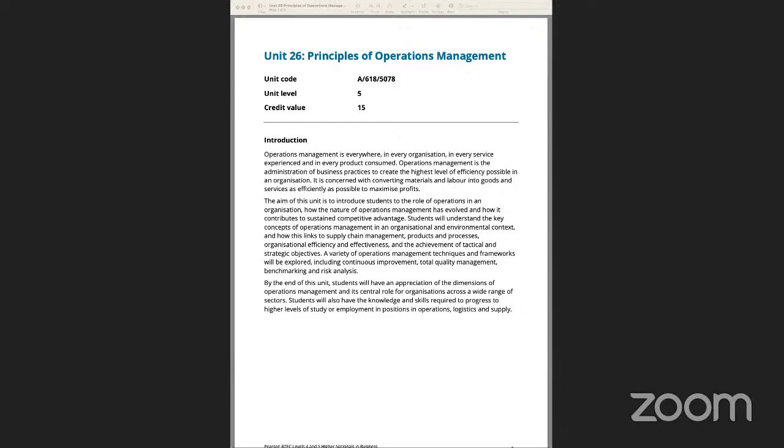I think it gives us a very good understanding of how operations management works in different contexts, and how different people perceive operations management, so it's a good way to start.